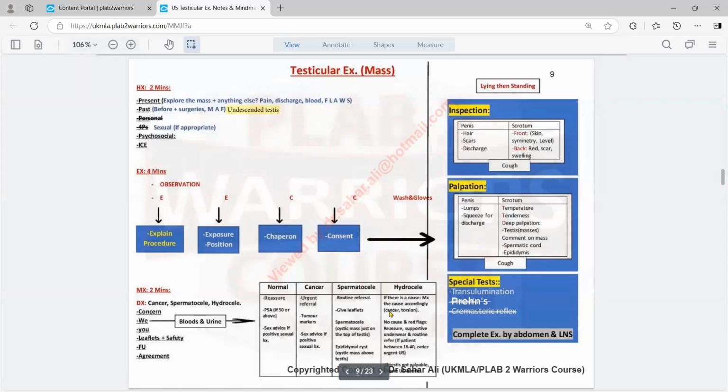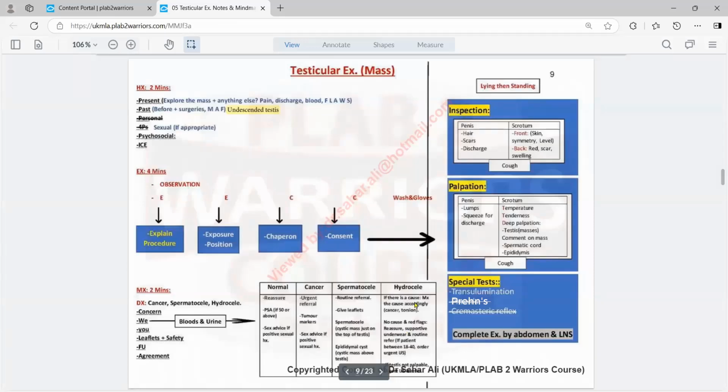Usually the hydrocele is due to cancer or of unknown cause. So you refer the patient to the specialist routinely. But if the patient is between 18 and 40, you order an urgent ultrasound. Okay.